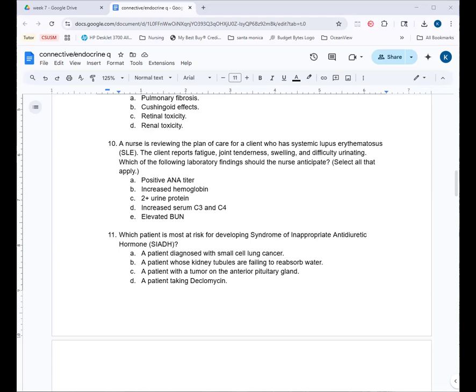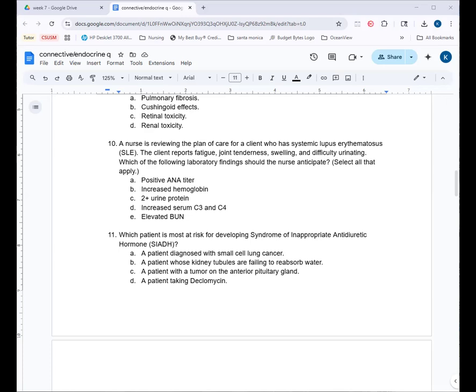Okay, so here was all the stuff. There's all the ones from the outline from yesterday. So ANA positive, CRP and ESR, which are inflammatory markers, are high. A positive RH factor, low C3 and C4. What those are, I'm not sure, I just know they're low. Renal stuff going on could be elevated.